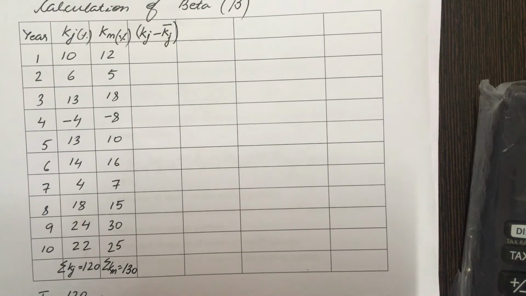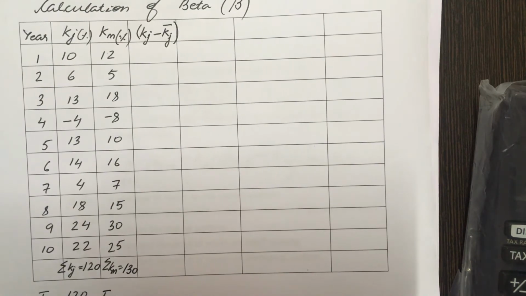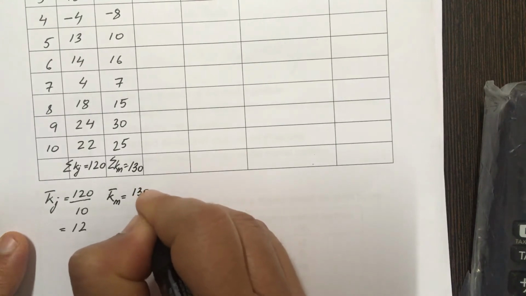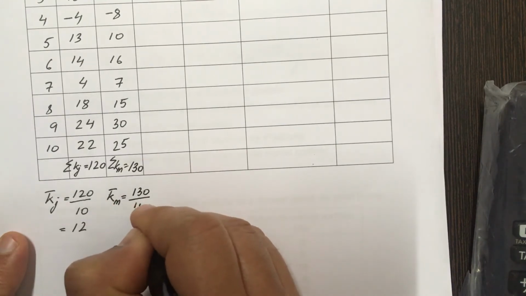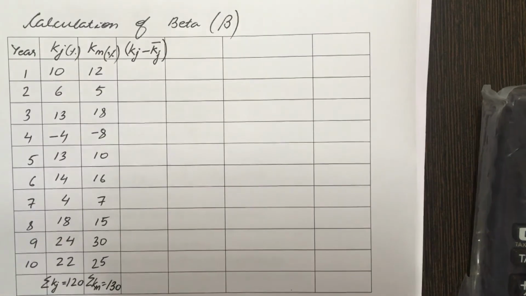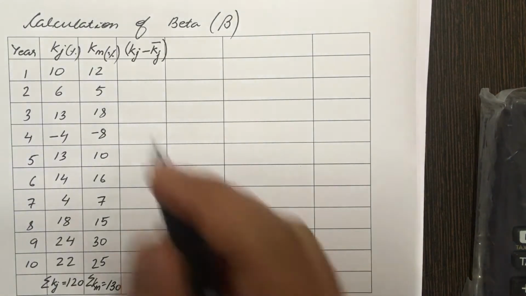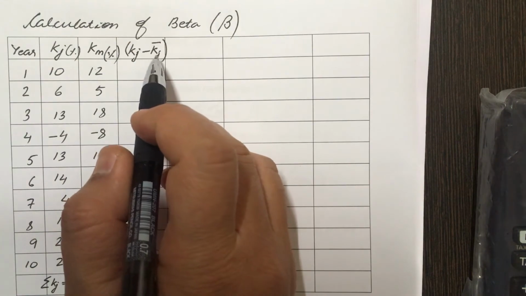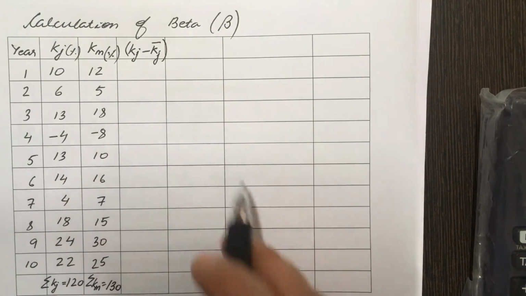So again, find out what is k bar m. 130 divided by n, which is 10. So that is 13. All right. Now find out what is kj minus k bar j.